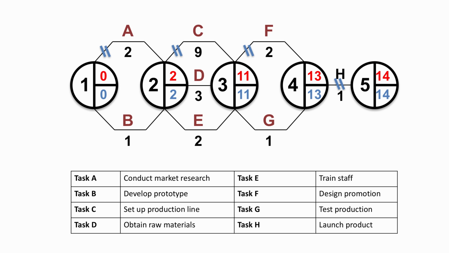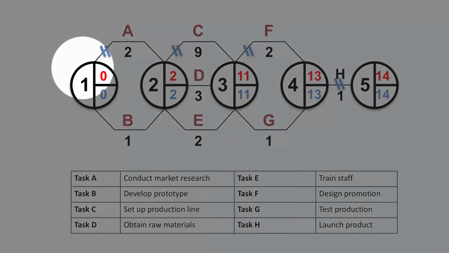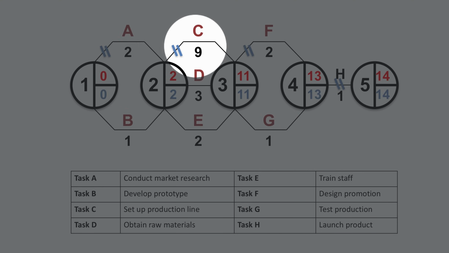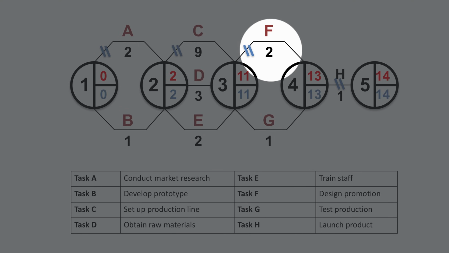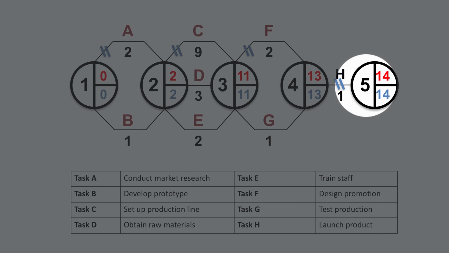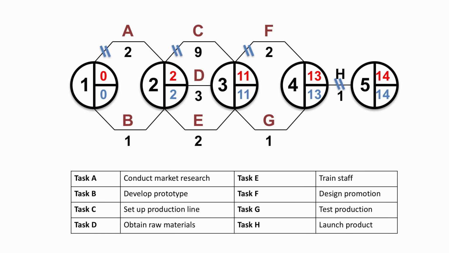In this case, the activities on the critical path are A, C, F and H. If any one of those 4 was delayed, the overall effect will be to delay the completion time for completion of task H and the end of the project.